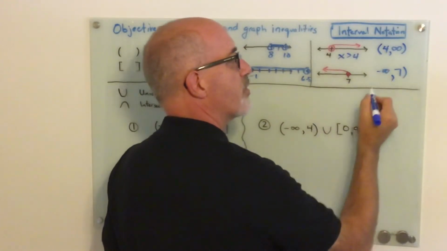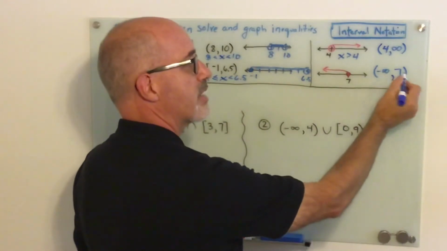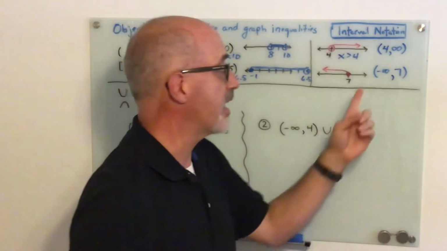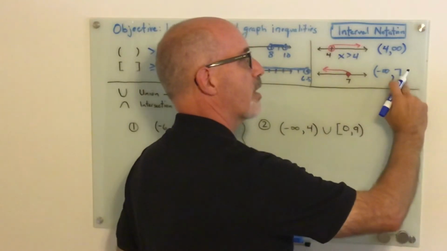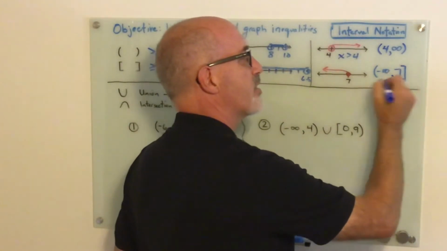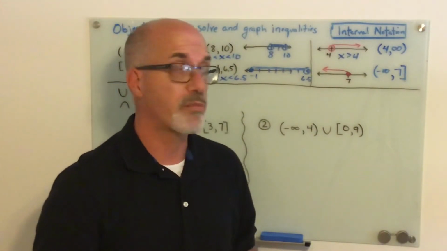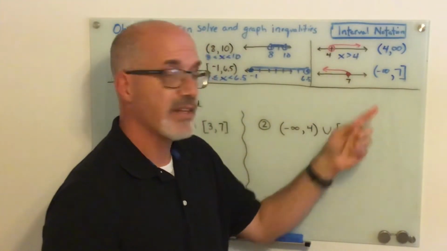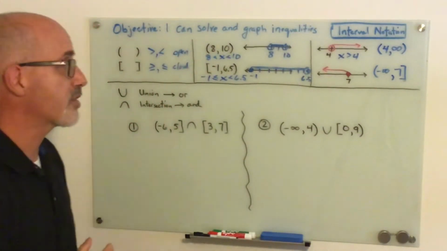So this interval notation says we're going to have it be from 7 over to negative infinity, and we need to close this one off because 7 is an or equal to, so it needs to be a closed bracket. But negative infinity, the infinities are always open parentheses because we never actually get there.